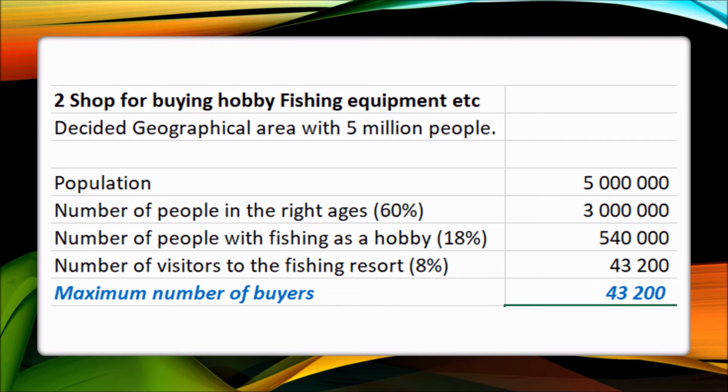And how many of them will visit a resort? Well, in an average year here, we say that 8% of them will come to this specific resort, because this is a very popular place. So we calculated that in a year 43,200 people will come to this place for fishing and so on, and where you have the shop for fishing equipment.